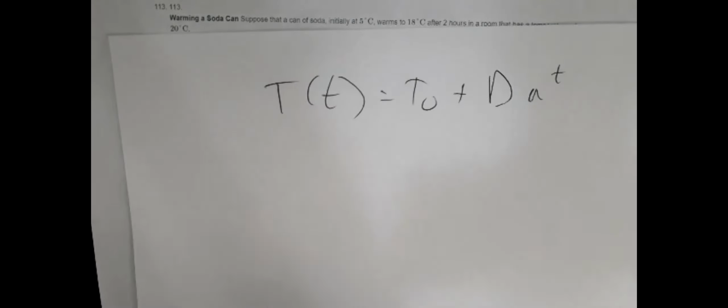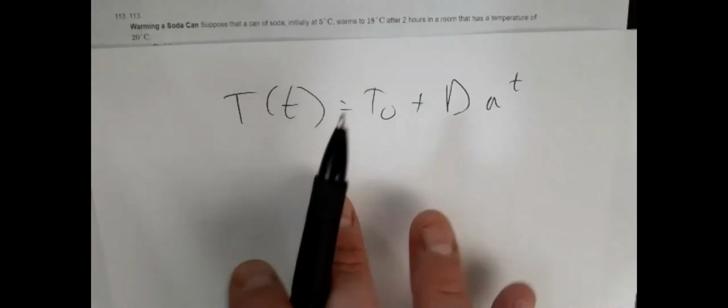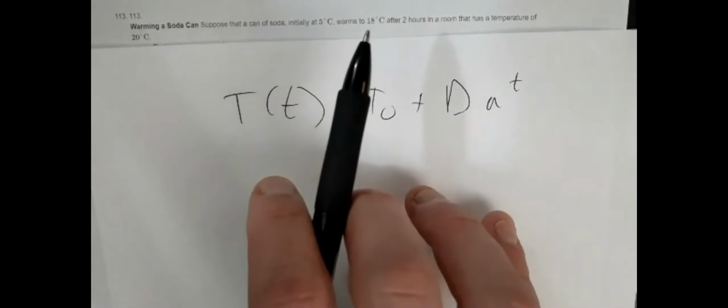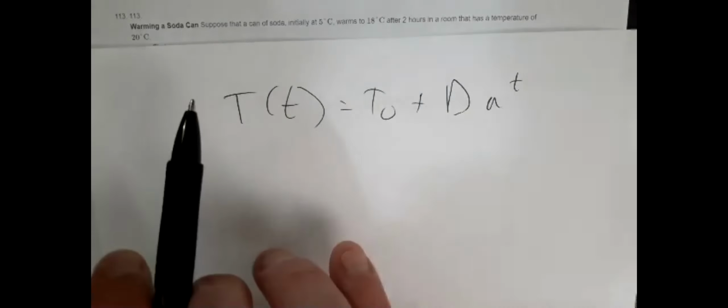T naught is your room temperature. So this is the temperature after a certain amount of time. T naught should be your room temperature. So they say, suppose that a can of soda initially at 5 degrees Celsius warms to 18 degrees after 2 hours in a room that has a temperature of 20 degrees Celsius. So 20 should be my T naught.